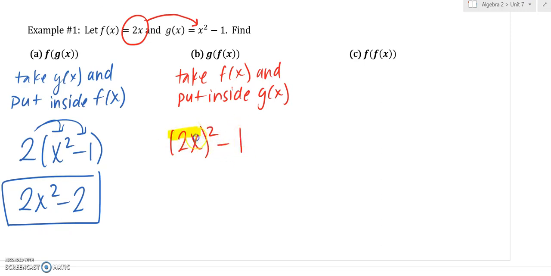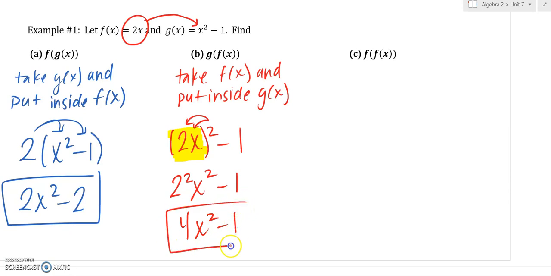Again, if you're confused, this yellow part used to just be an x, but I put 2x there instead. When I go and break this down, simplify it, I'm going to end up with 2 squared times x squared minus 1. 2 squared is just a 4, so let me clean that up. And I get 4x squared minus 1. There's my answer.